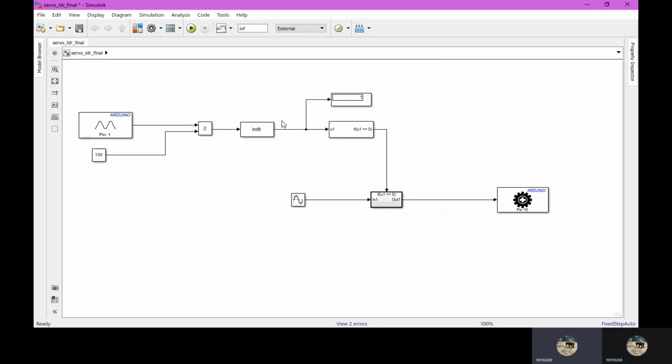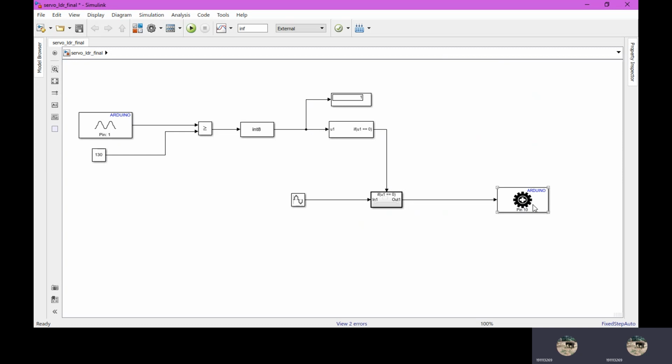If this signal is 0, this means that the LDR reading, the reading at the pin A1 is less than the threshold value, and at that point I am allowing my if action subsystem to pass a sinusoidal input to Arduino pin 10, which is connected to the servo motor.